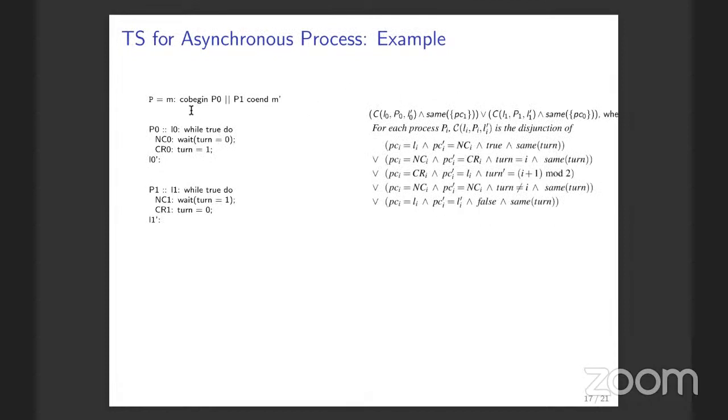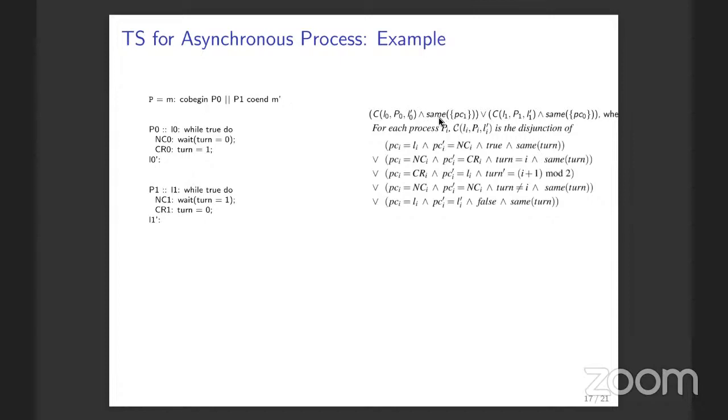So this spawning of processes is what is captured by this cobegin. This is the statement corresponding to it. If I'm at location M, after that I'll spawn these 2 processes, which means that this cobegin itself does not change any locations.